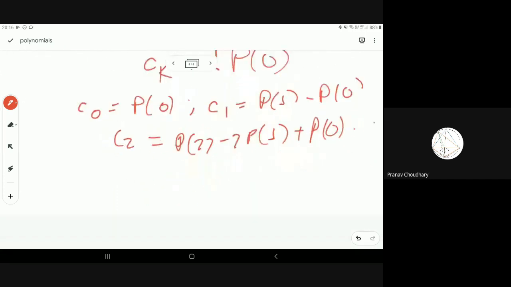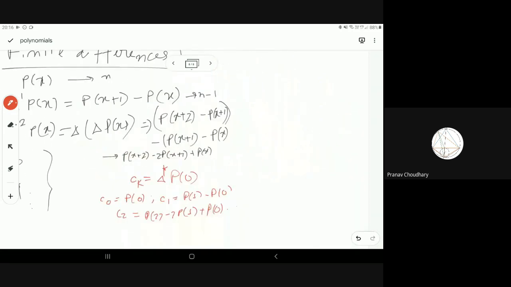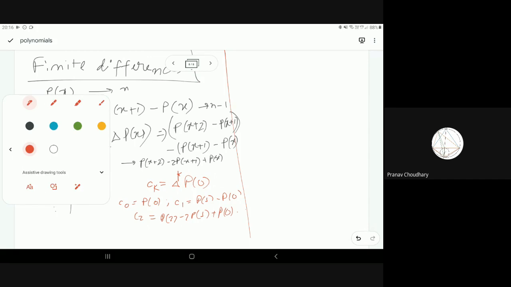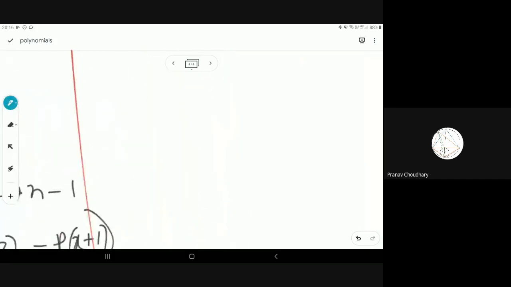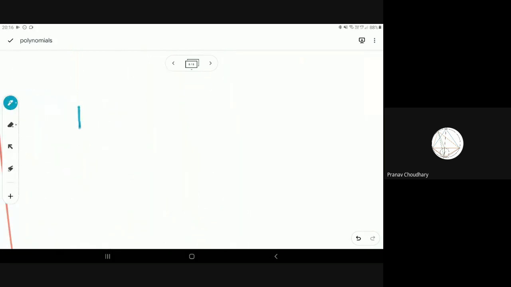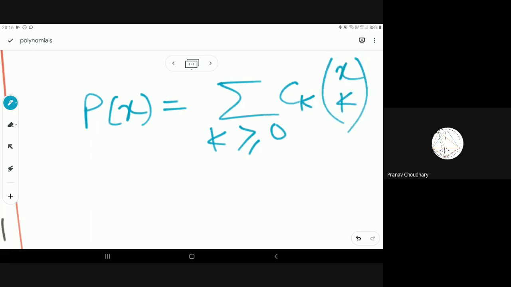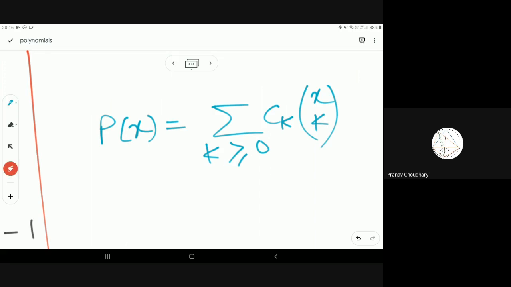The equation that you need to remember is this. For proof, just expand. So this is basically the only thing you need to remember.